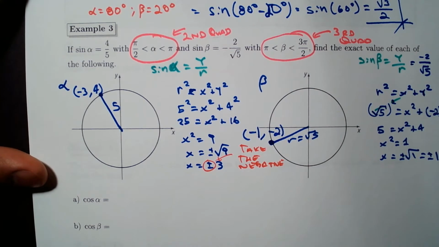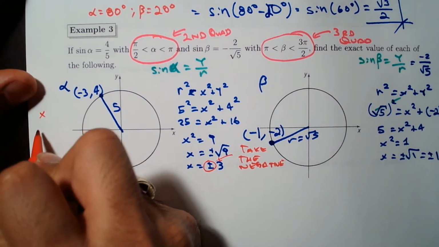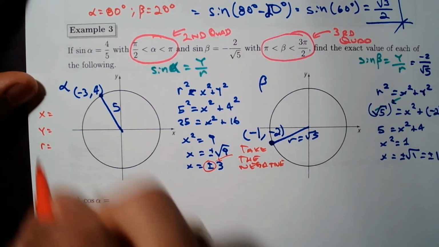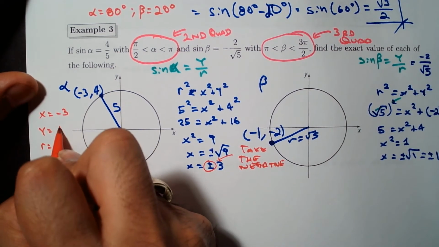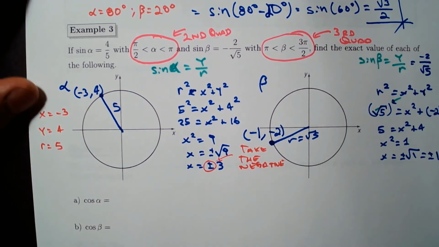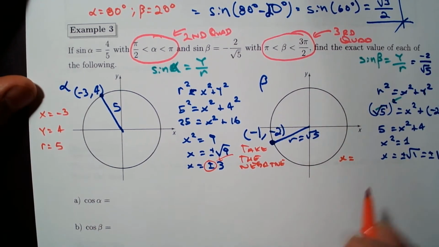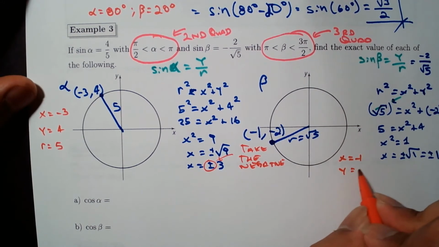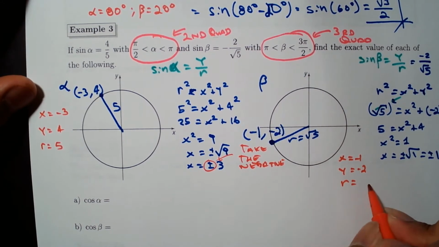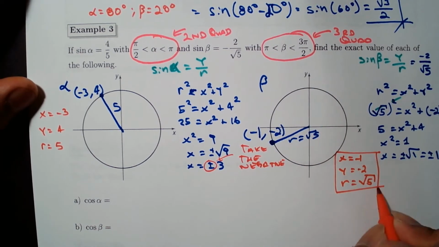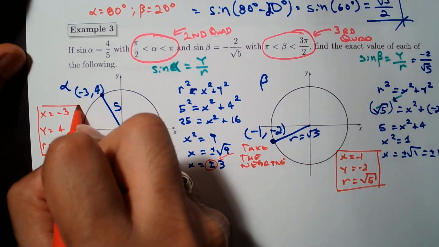Okay, I'm going to use a different color for x, y, and r, just so it doesn't look messy. So x equals negative 3, y equals 4, and r equals 5. Likewise, I'm going to do this over here. x equals negative 1, y equals negative 2, r equals root of 5. This three-number summary, if you will.